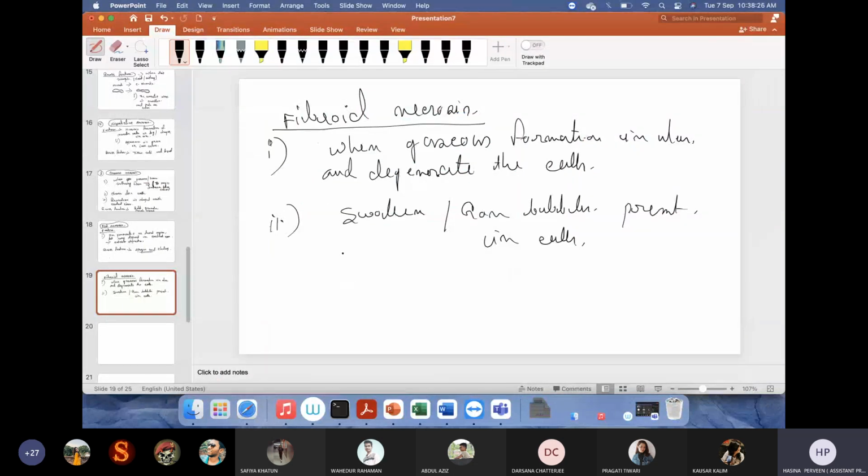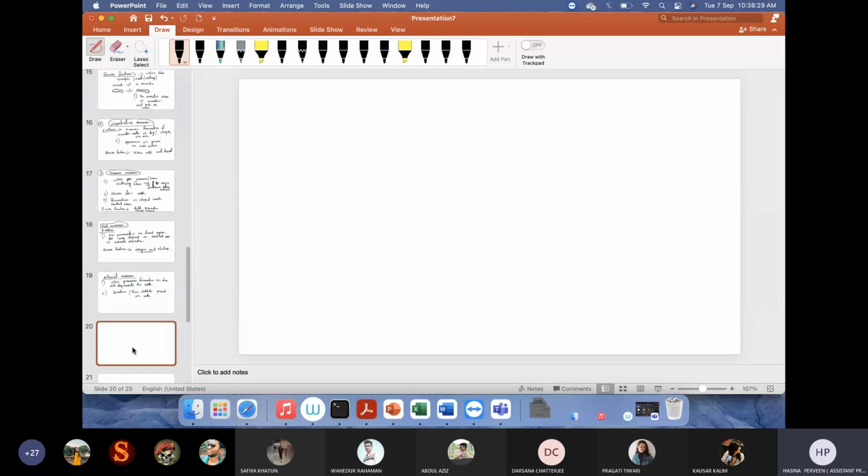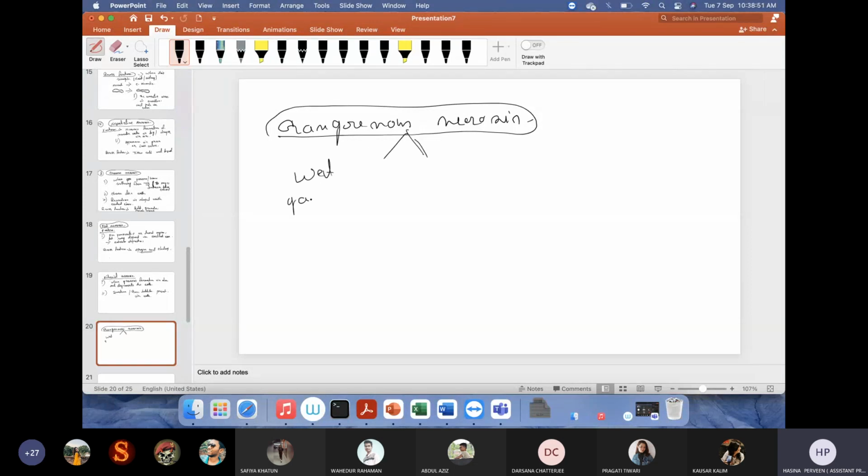And another is gangrenous necrosis. This is of two types: wet gangrene or dry.